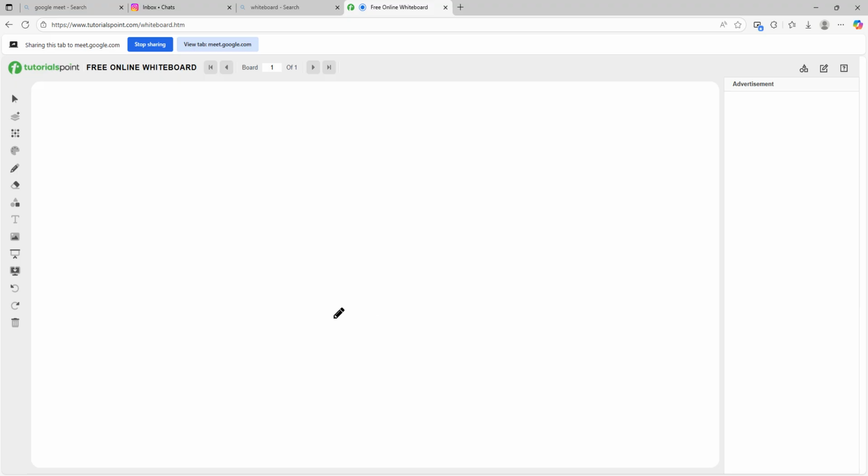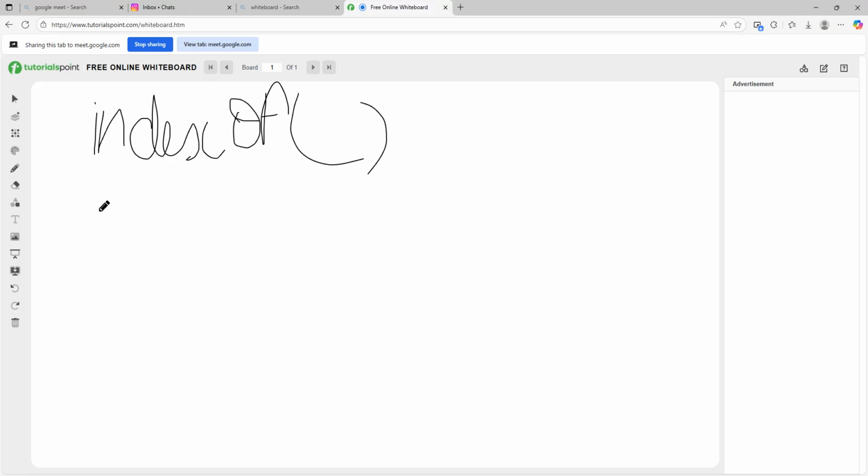Then there is the indexOf function. Again, the second word starts with capital O, so indexOf. Let's say s equal to num answer.